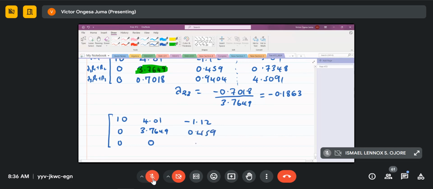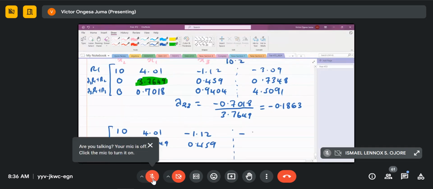Give me these values. 0.459. What is this value here? And then I have here negative 3.09. And then I have 0.7348.